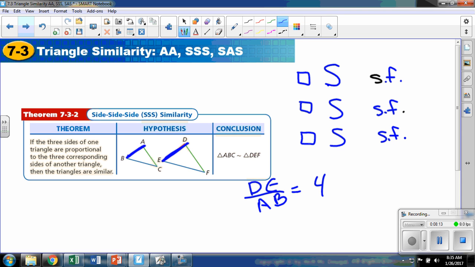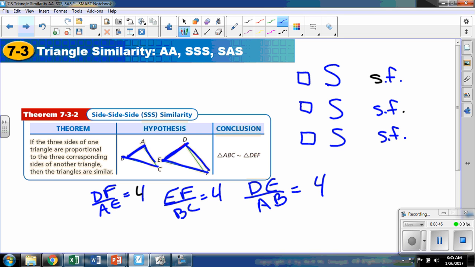In order to use side-side-side similarity, when we find the other two pairs of scale factors, they have to be the same. And so DF with AE, if we could get all three pairs of sides with the same scale factor, that will complete the side-side-side similarity theorem.